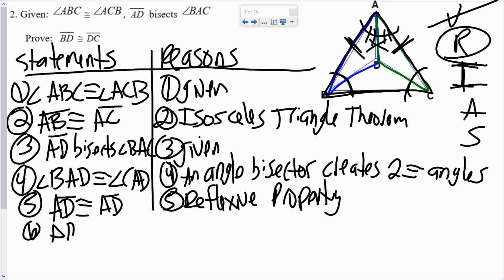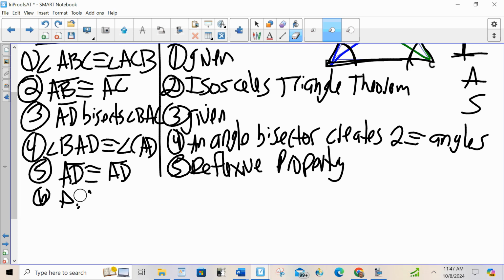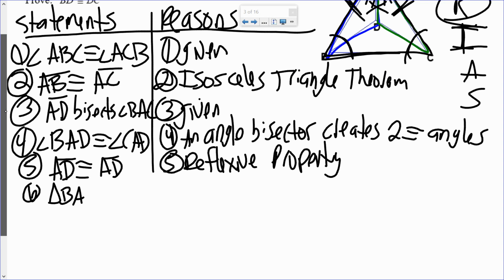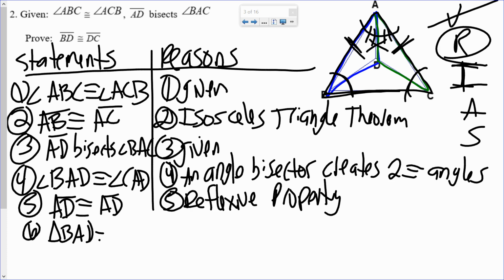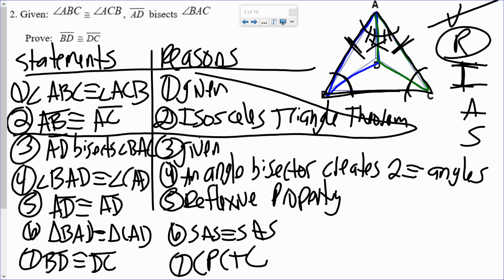Triangle BAD is congruent to triangle CAD. I've got SAS is congruent to SAS. And now that the triangles are congruent, I can state that BD is congruent to DC, CPCTC.